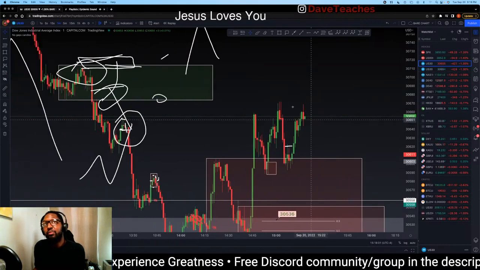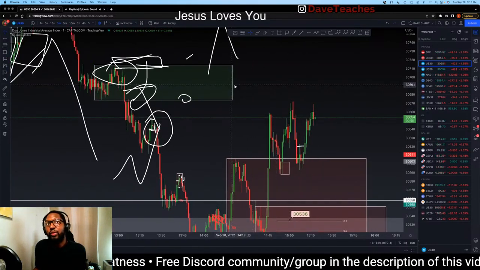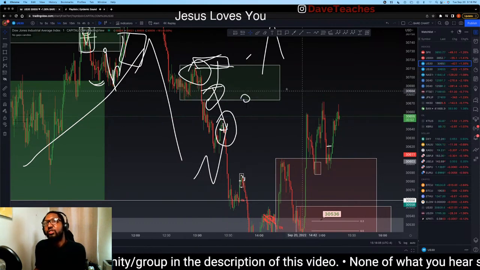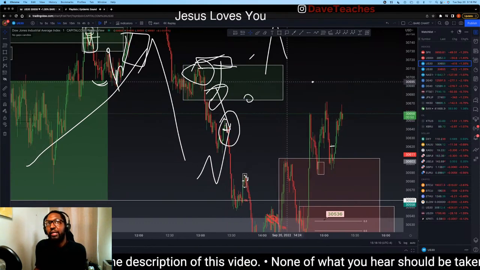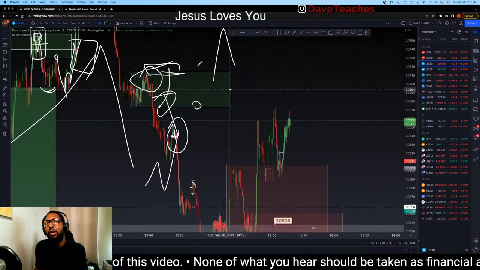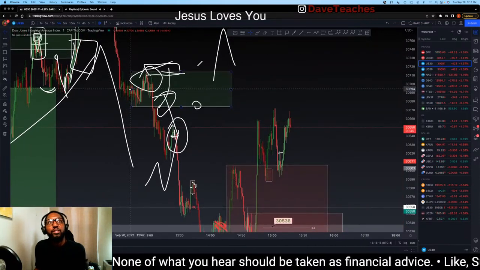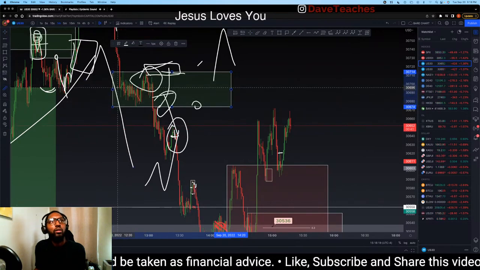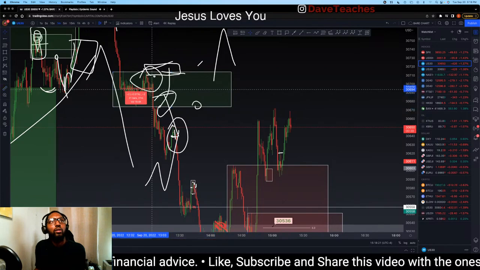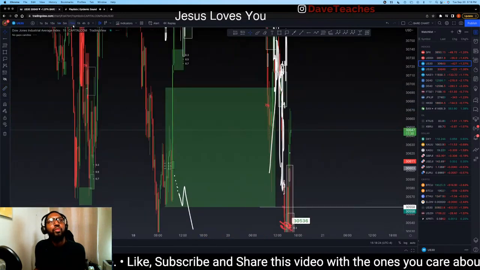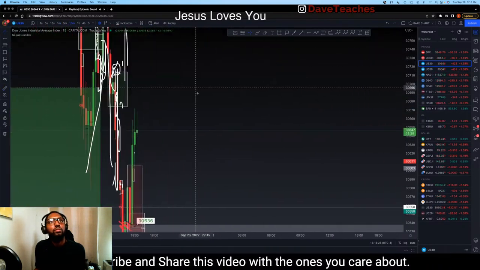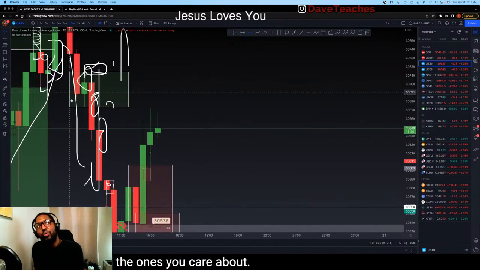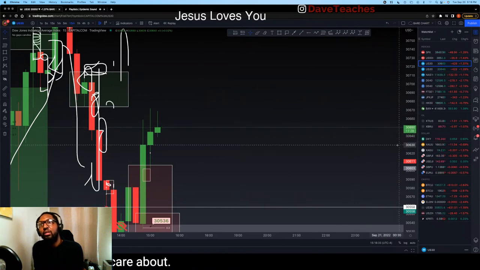Like I said, there is very well a possibility that we come up to this area above here. But what you want to pay attention to is that we have a whole unmitigated area up above here. And this zone is probably the 15-minute, let me see how many candles in here. Yes, 15-minute.